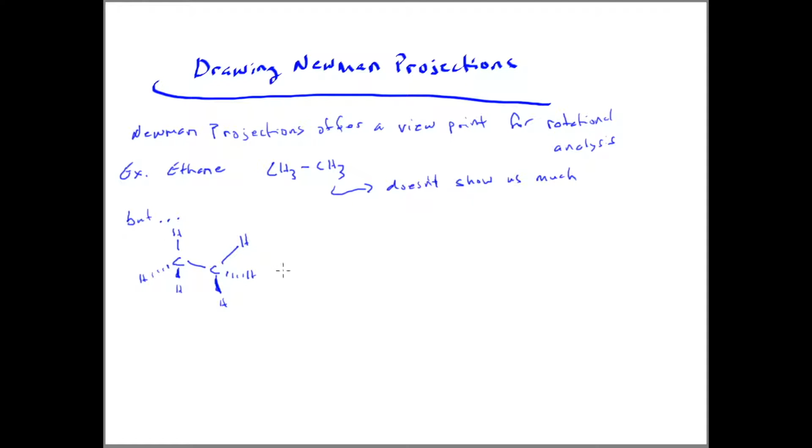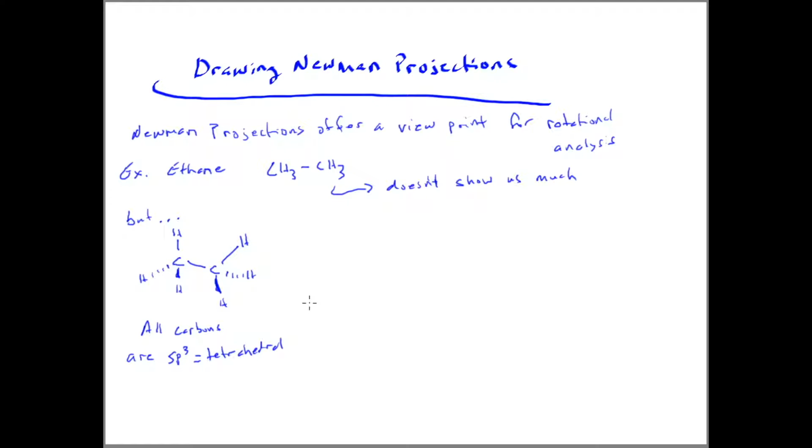You can see we've got this 3D structure. So we need to figure out what's bumping into each other. Are they all equal? Does everything look the same? And remember that all carbons here are sp3 hybridized, which means everything is tetrahedral.